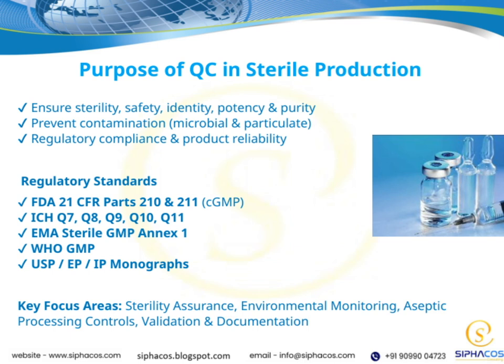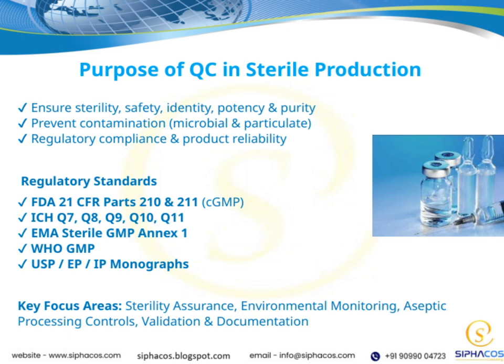These include FDA guidelines like 21 CFR Parts 210 and 211, which cover Current Good Manufacturing Practices, or CGMP. There are also international standards from organizations like ICH, EMA, WHO, and the USP, EP, and IP monographs, which set the benchmarks for quality and safety in sterile manufacturing.